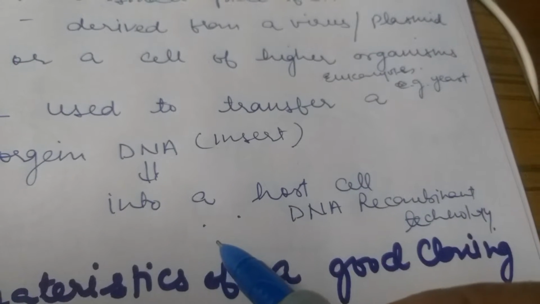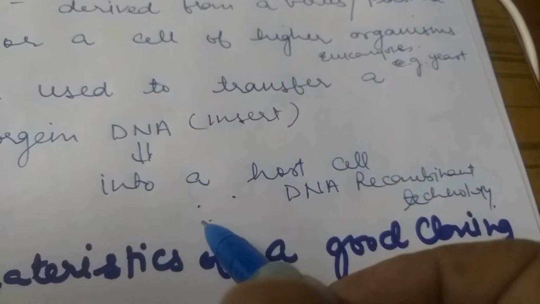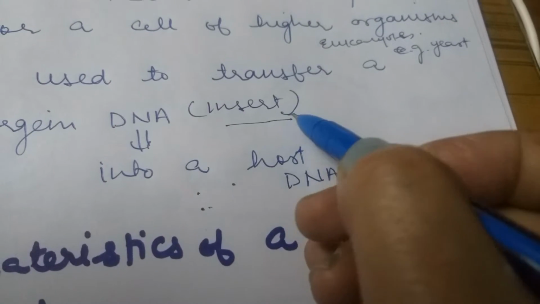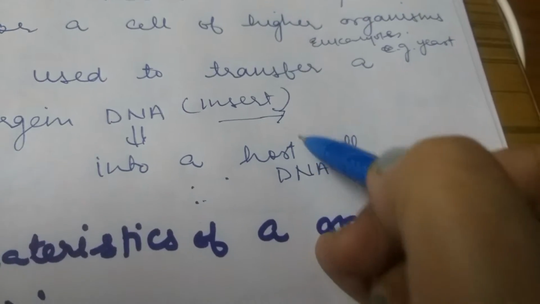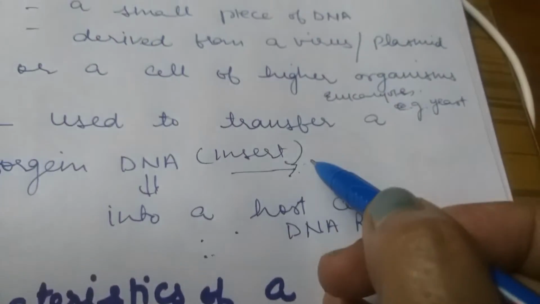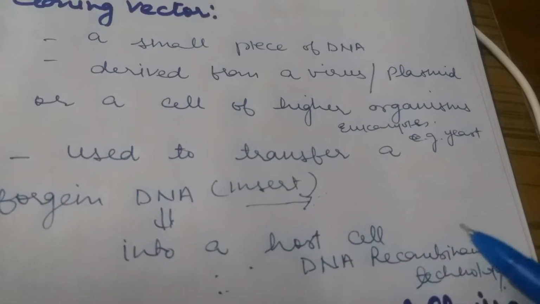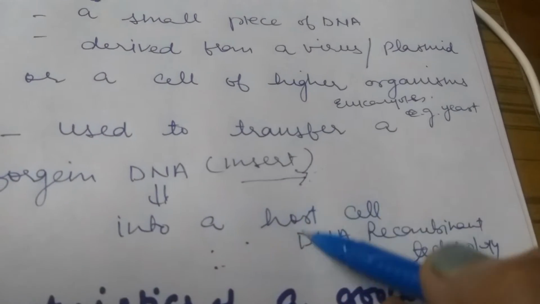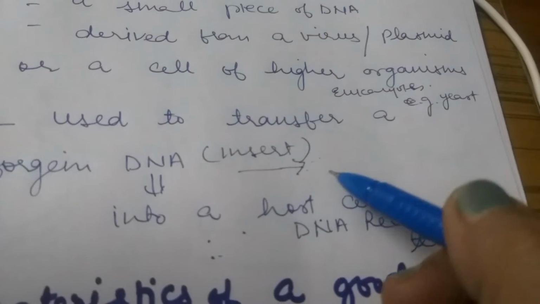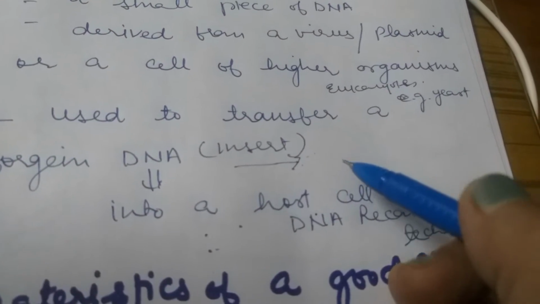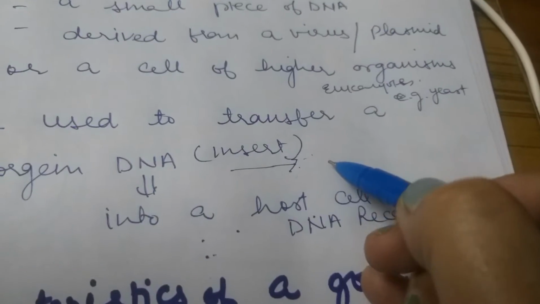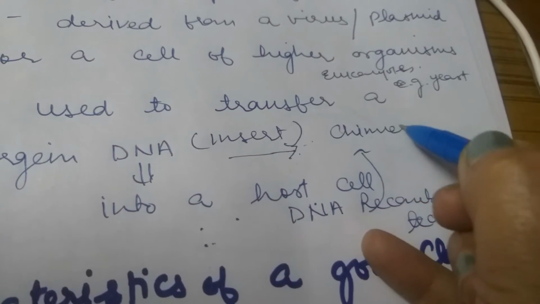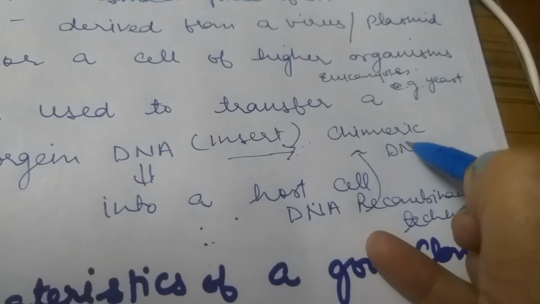One is the insert, which is the gene of our interest, and it has to be joined with the vector. Vector is a kind of vehicle which would carry it and multiply. It would be introduced into the host cell and multiply to form the clone. And such a DNA which is formed by recombinant DNA technology is called chimeric DNA.